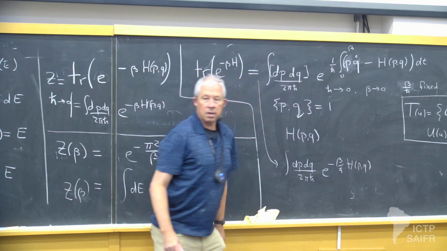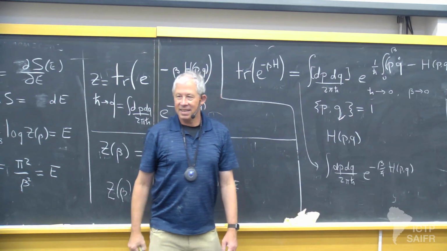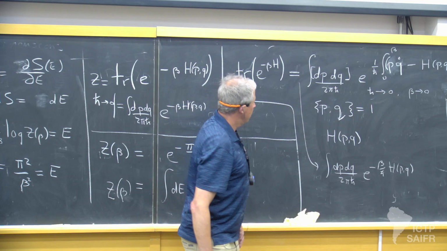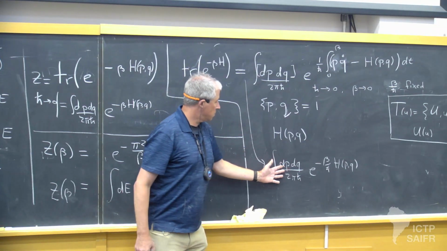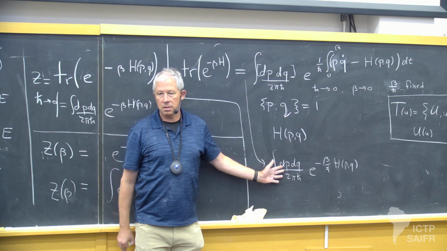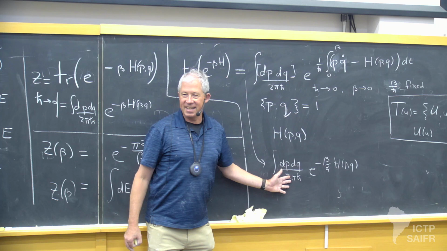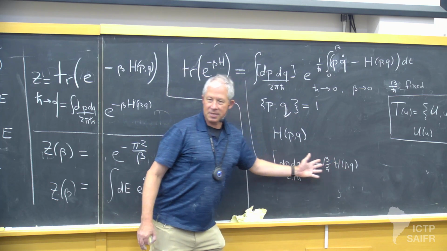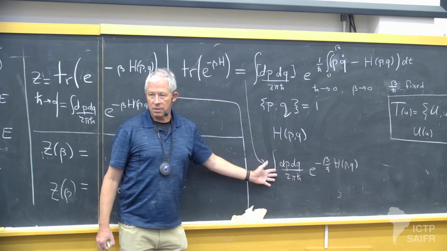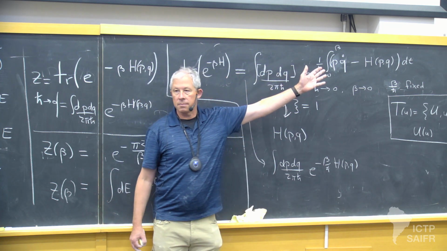And this was my earlier claim, that in the h bar to 0 limit, if I want to do computations that take into account, for example, the entropy, in the end I'm only interested in the volume of phase space, and I can evaluate this by taking the h bar to 0 limit of that quantity.